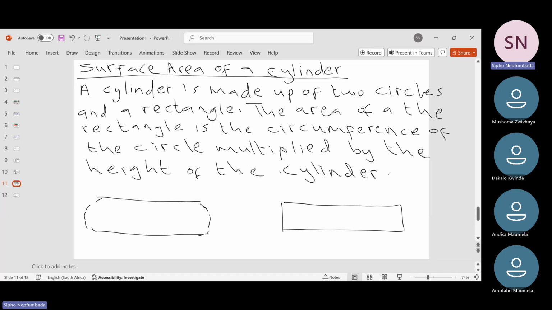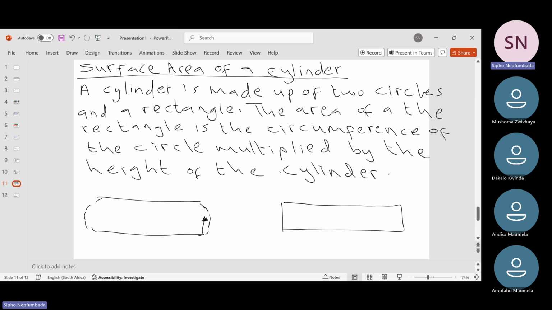This one has a circumference with a radius. Did you see that? Yes.